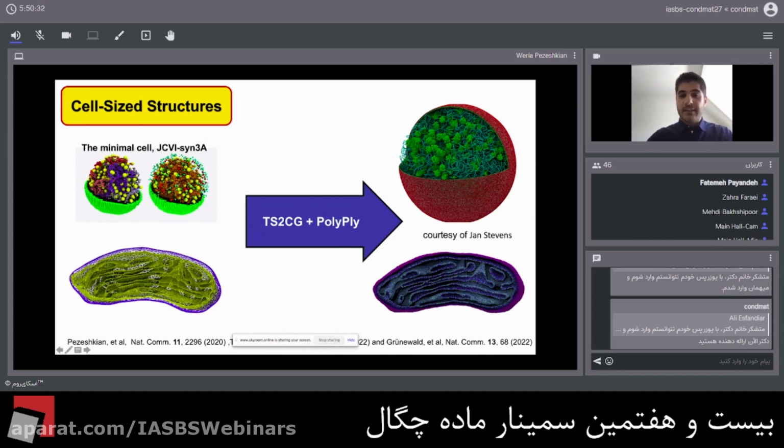So the TS2CG plus polyply, developed by one of my colleagues, allows us to put the protein, the ribosome and the DNA into the structure, and also create a membrane with any composition and shape. Eventually we aim at simulating the entire mitochondria. This time we want to include the protein and make a realistic simulation, and then also simulate the entire minimal cell.